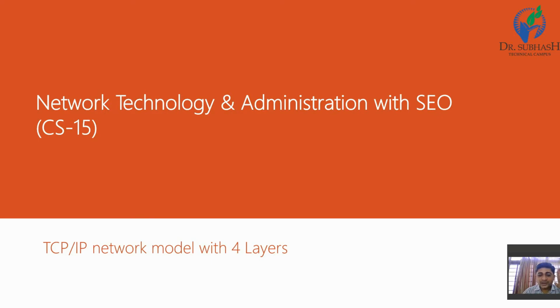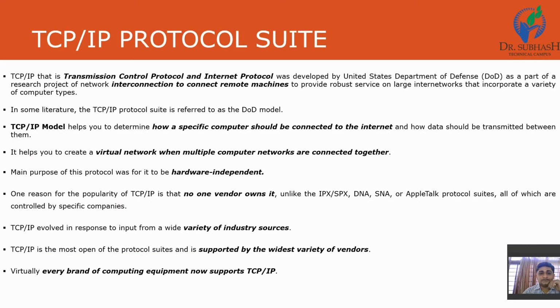Here we have the TCP/IP network model with 4 layers. Basically, the TCP/IP protocol suite is a bunch of protocols. Multiple protocols come together, make a single suite, and provide protocol rules.